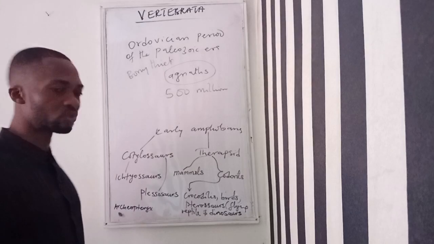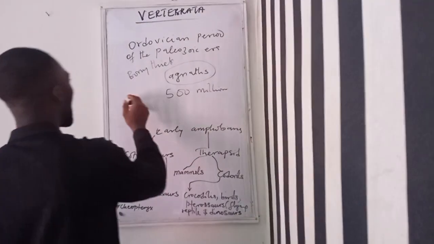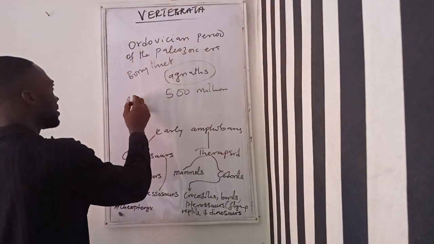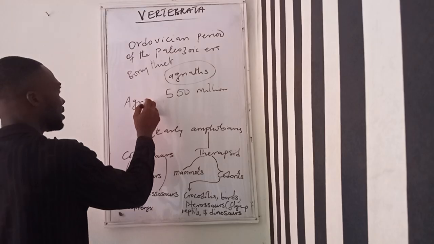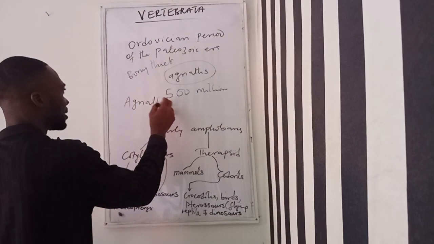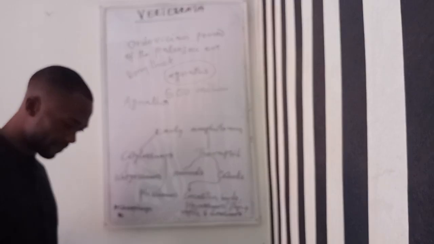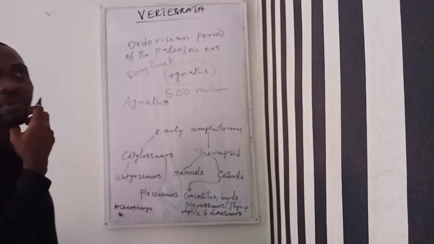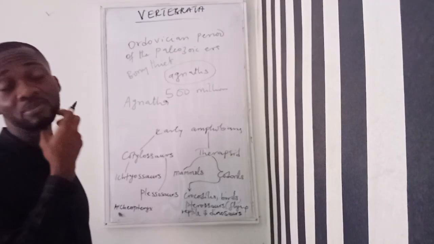And the name of this group of organisms, the earliest vertebrate, is called Agnata. So from this bony thick body that they have, they were named Agnata.